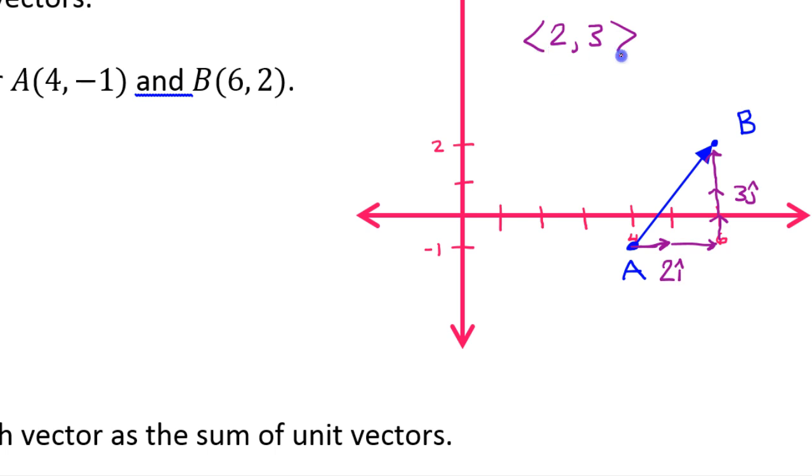So instead of using component form, we could write this as the sum of unit vectors I and J, so we could write 2I plus 3J. And that would mean the same thing. That would be the same vector as the vector 2, 3.